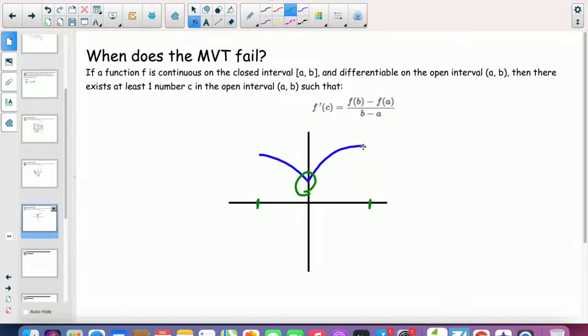So what that means is if this is my f of B and this is my f of A, and I draw my secant line from one to the other, and we tried to find the slope of that secant line, since there are an infinite number of tangent lines that could go through that ordered pair, and they have all different slopes, there's no way that we can say that there is one slope parallel to the slope between A and B that would be equal to that. There is an infinite number of tangent lines that we could draw here. So since this one is not differentiable at the sharp curve, the mean value theorem doesn't apply.